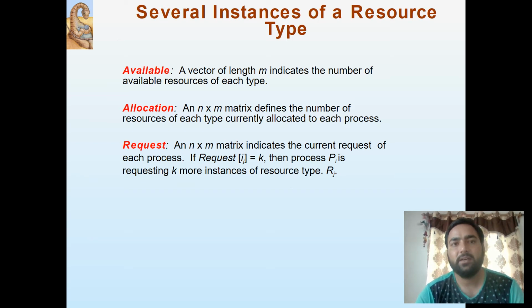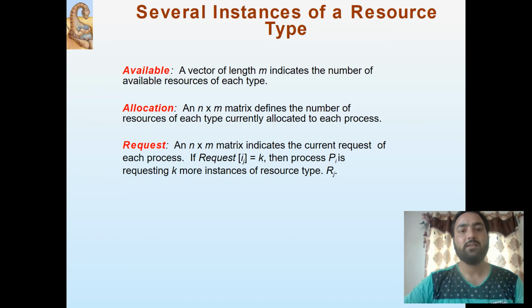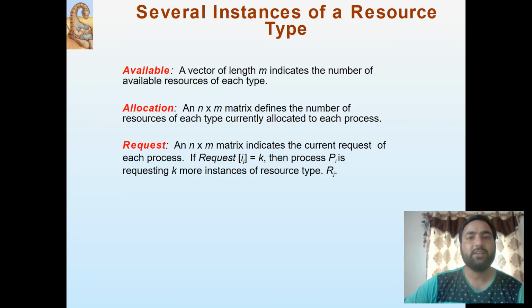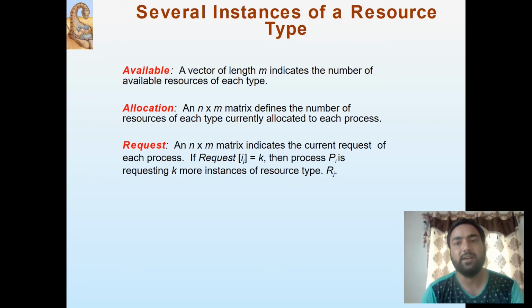If there are multiple instances of a resource type, then we'll be using an algorithm to detect the deadlock in the system. For that, there are various vectors that we have in the system. First one is Available. It is a vector of length m, indicating the number of available resources of each type in the system.